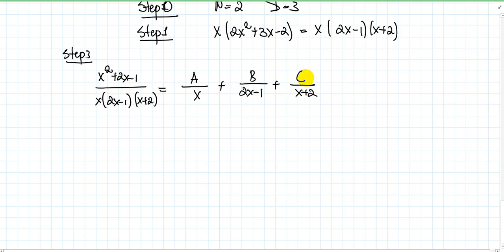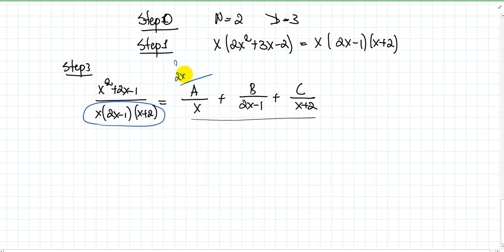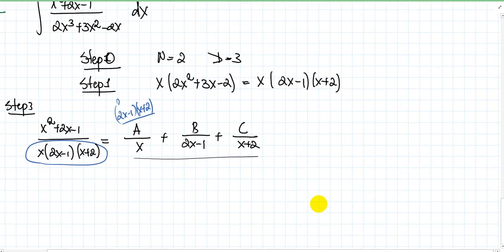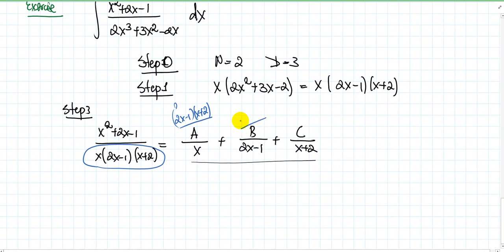So in order to find A, B, and C, first of all, we need to add them. Add all of the 3 terms by giving the common denominator. Okay? What is the common denominator? Is this term, right? So what don't I have in the first term? x minus 1 multiplied by x plus 2. What don't I have in the second one? x and x plus 2.